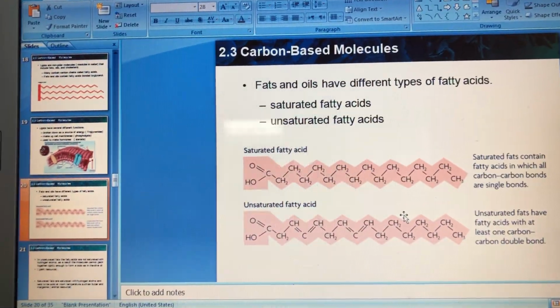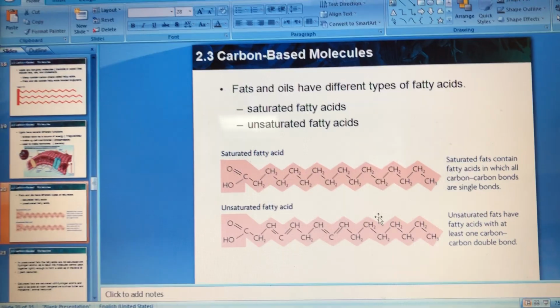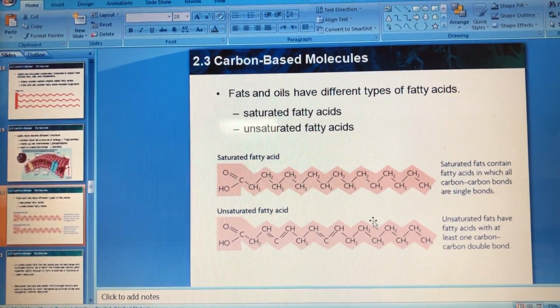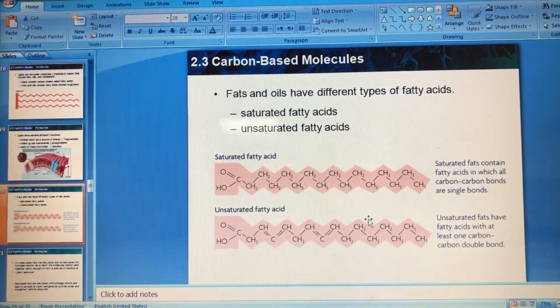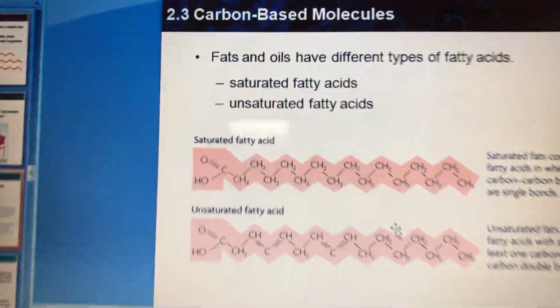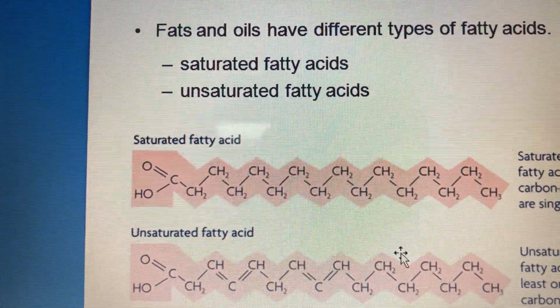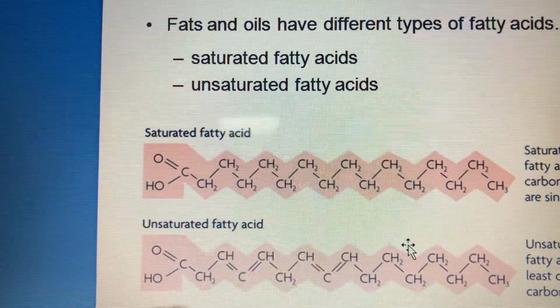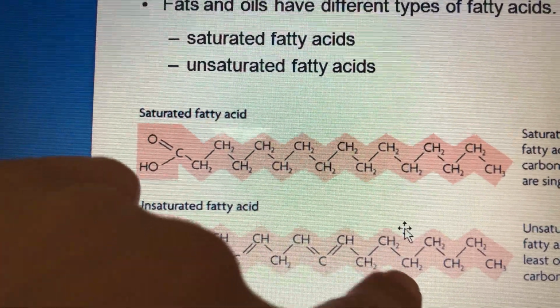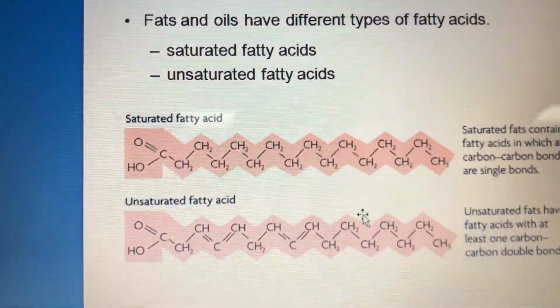Okay, about fatty acids, I forgot to tell you about this point, sorry. Some fatty acids are saturated and some are unsaturated. Saturated fatty acids have single bonds between the carbons, as you see here, and the unsaturated ones have double bonds between the carbons.